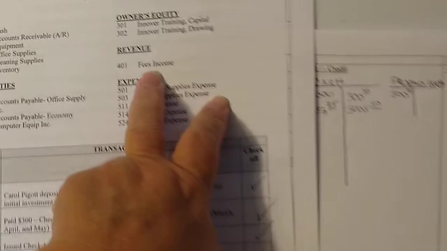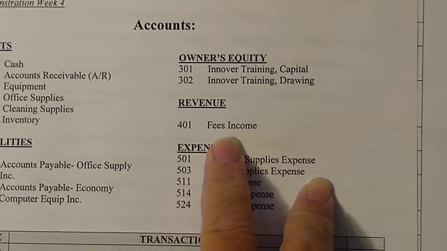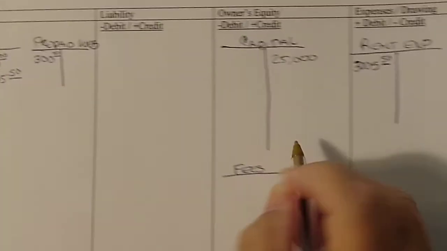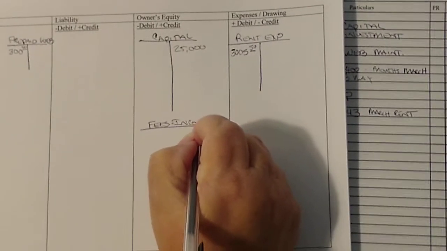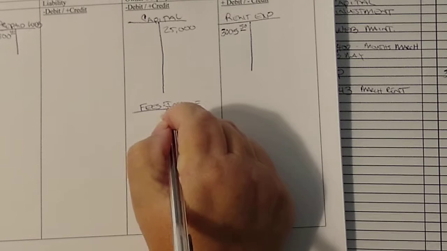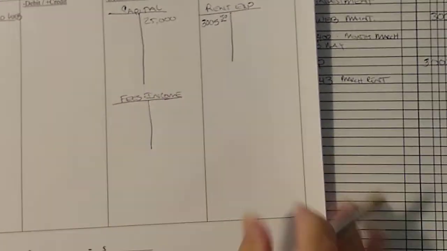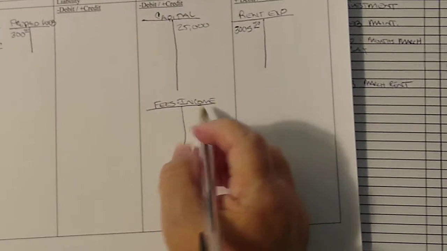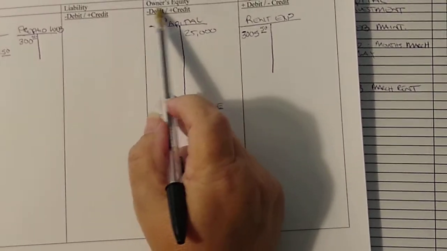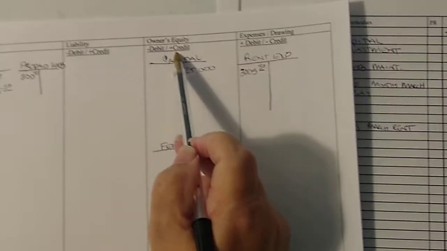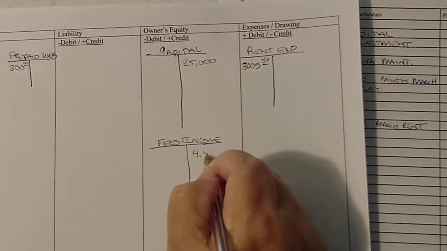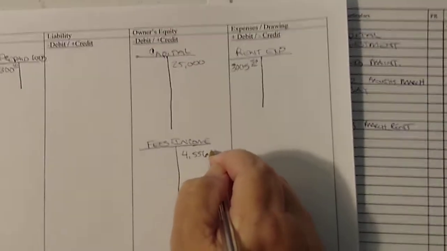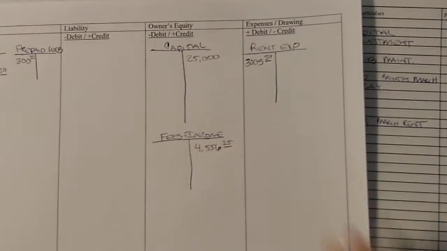Remember, revenue is the same as income. Okay. Do we debit or credit fees income? Well, we increase an owner's equity by crediting it. So $4,556 and 25 cents.